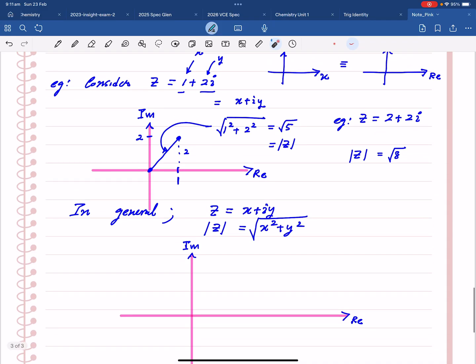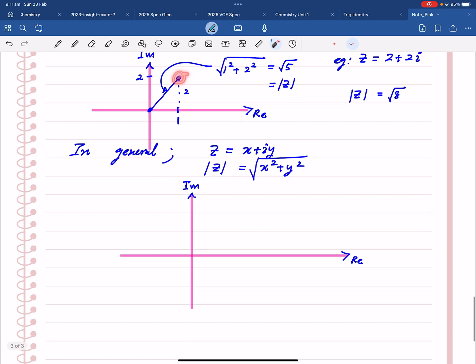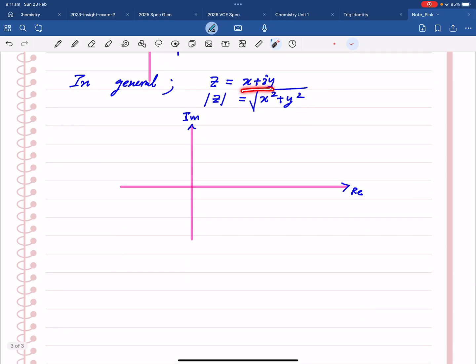That we have to understand. But if you define a complex number like this, it is not everywhere, because 1 and 2 are precisely given to you. So this is the point here, exactly. You can't change it. But here, it can be here, or can be here.